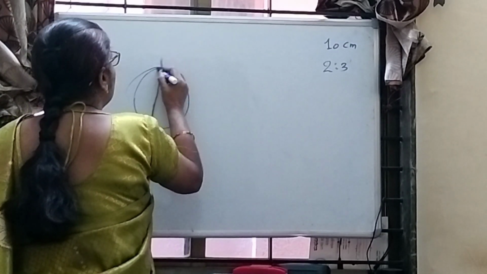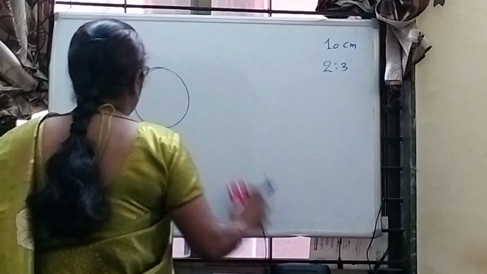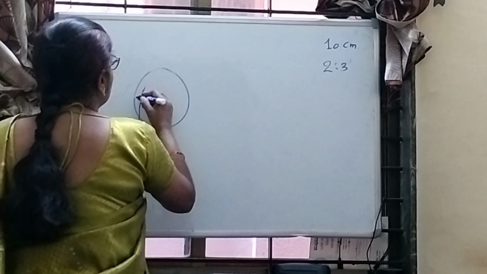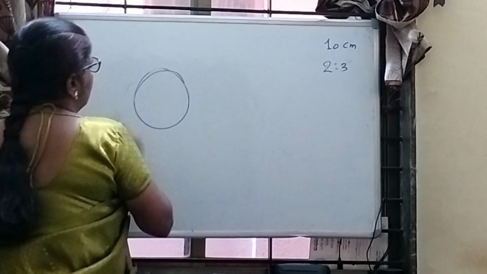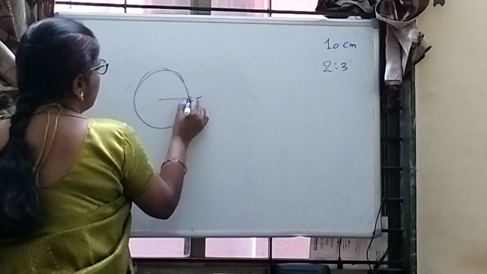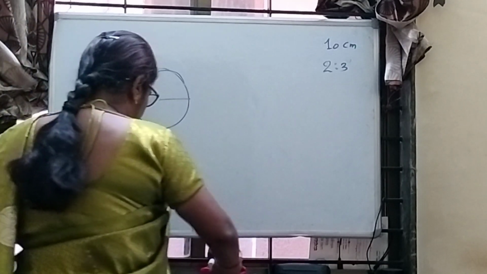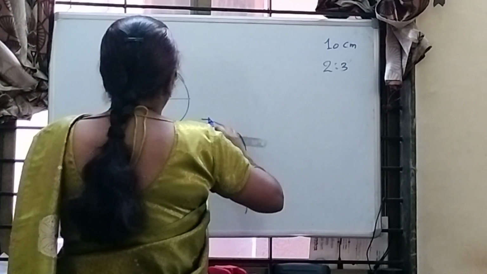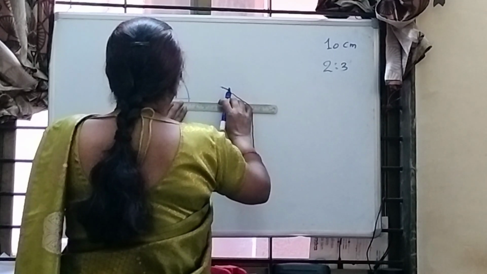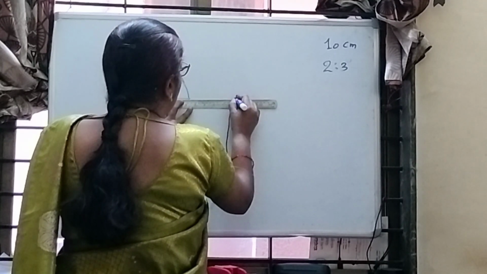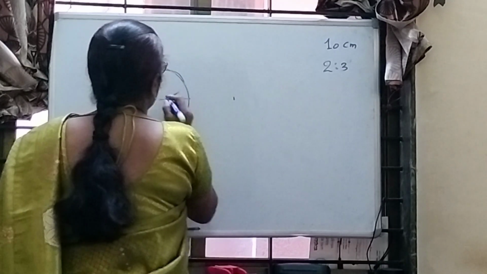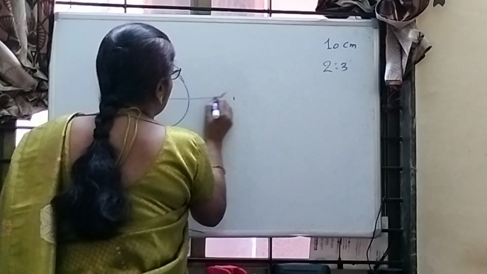The compass is not proper, so you can just have a look. But the question is, from the center, there is a point, external point, which is 8 centimeters away. So this is 8 centimeters away.